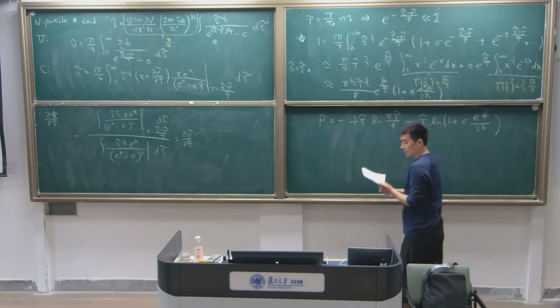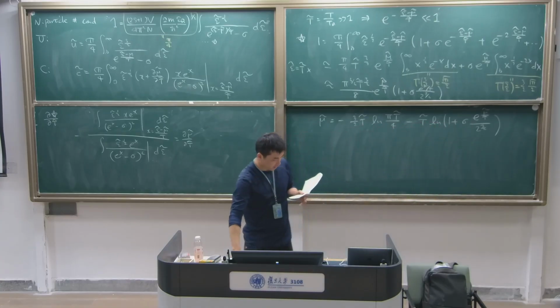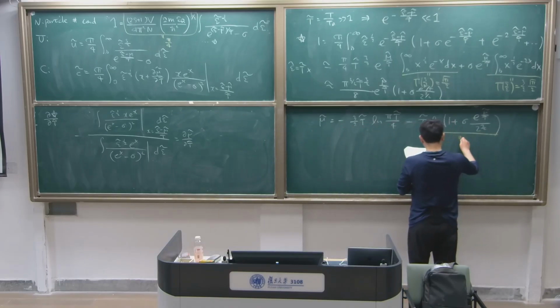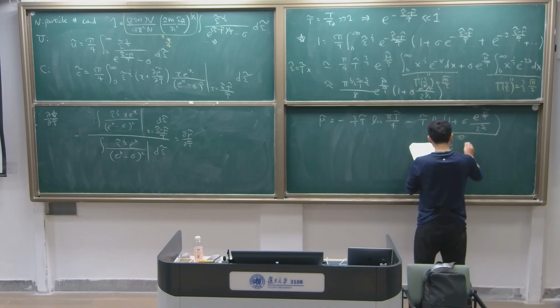Okay? And then we can approximate this guy as approximately equal to sigma e to the mu theta over t theta.